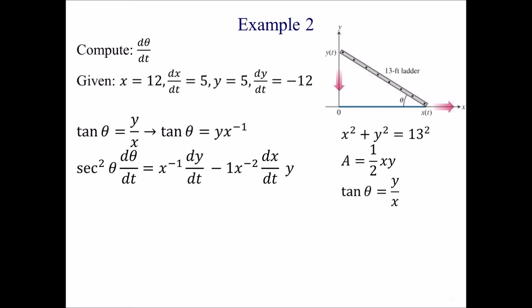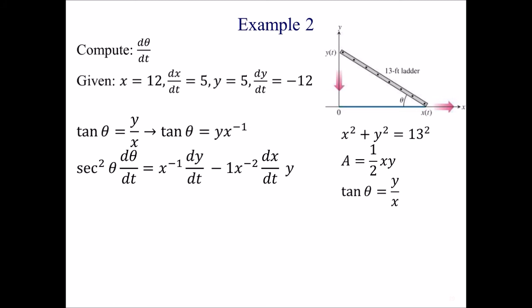The derivative of y times x to the -1 is x to the -1 times dy dt minus 1 x to the -2 times dx dt. Those three terms, -1, x to the -2, and dx dt, are the derivative of x to the -1, and then times y in the end.